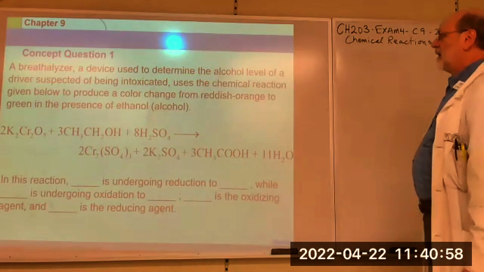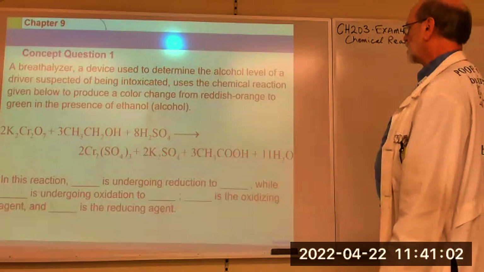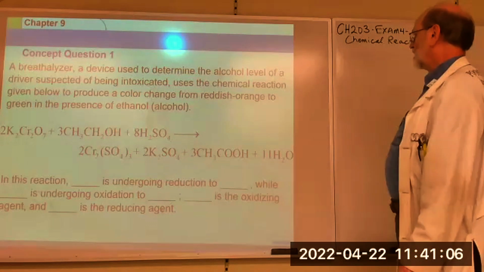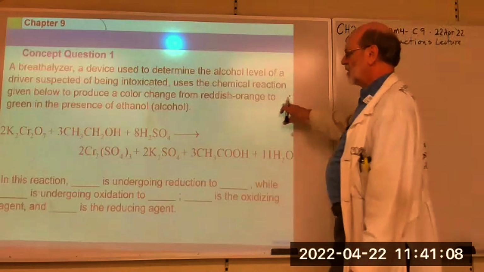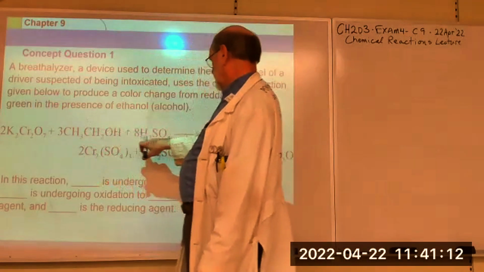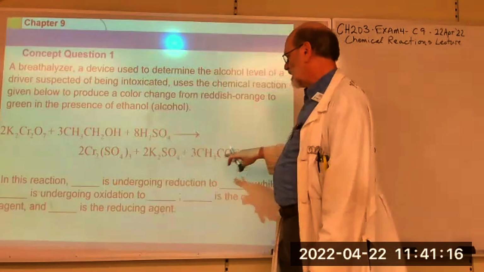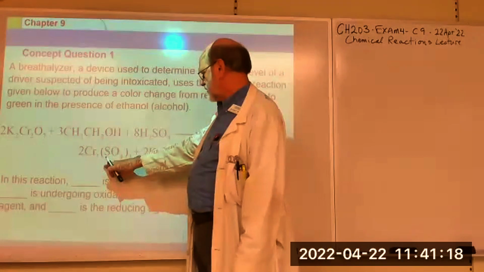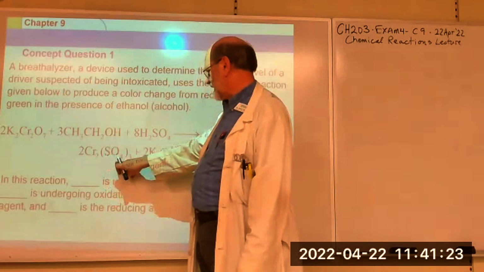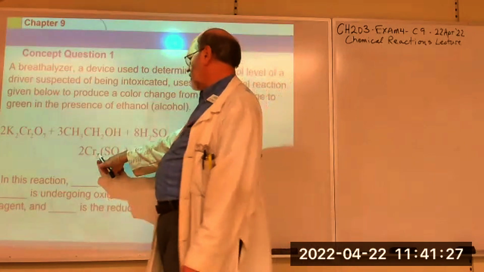All righty. Let's see, a breathalyzer used to determine the alcohol level of a driver suspected of intoxication. Use the chemical reaction below. Potassium dichromate plus ethanol in the breath plus sulfuric acid yields chromium sulfate. Actually, we have to say chromium.